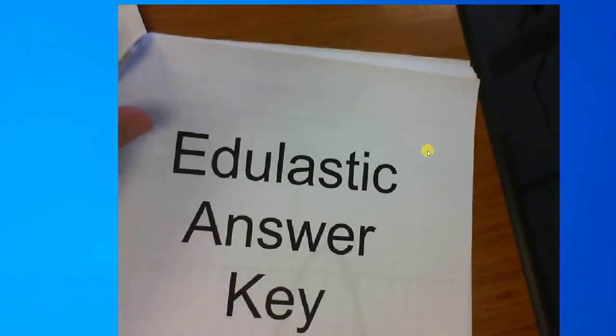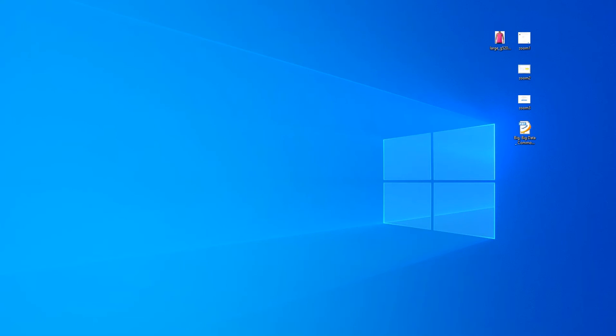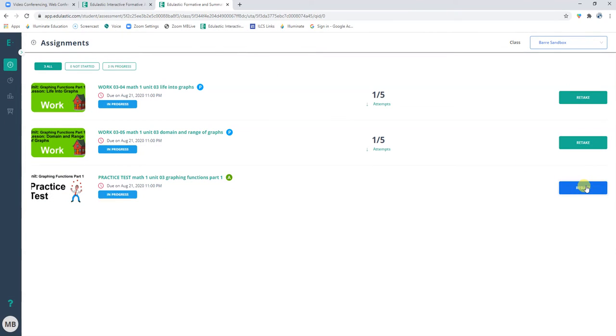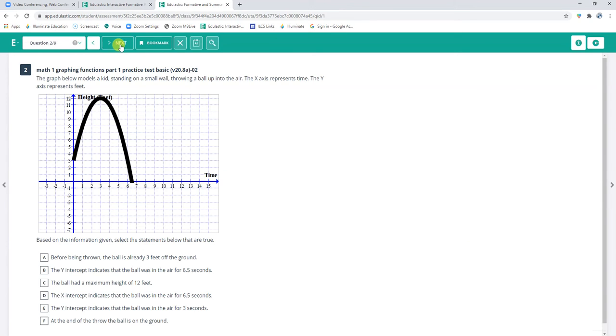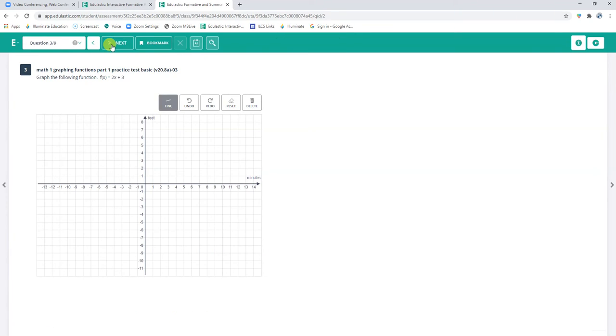Okay, let's see how this works with Edulastic. Number 1, we said it was A and E. Number 2, we said A, C, D, E. Number 3, I'm just going to take a couple points.